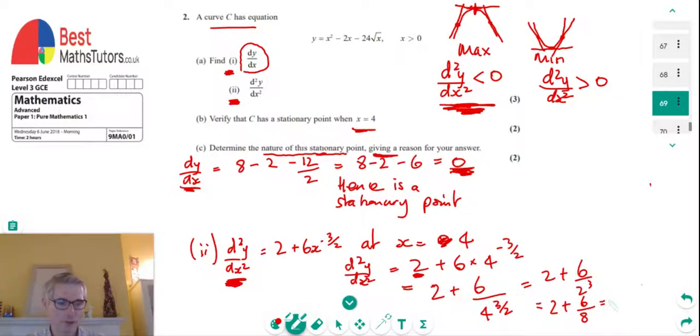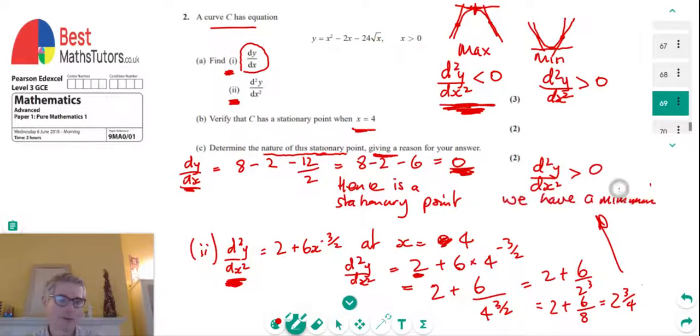So that's going to be 2 3/4. We can see that is positive. So since d2y by dx squared is greater than 0, we have a minimum.